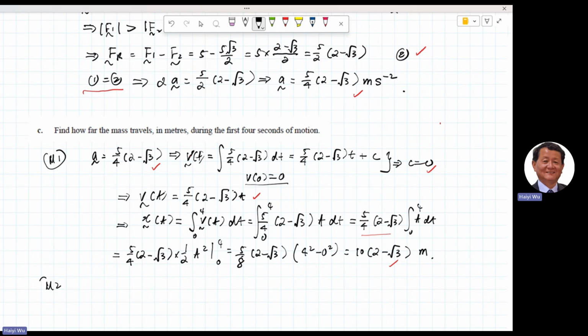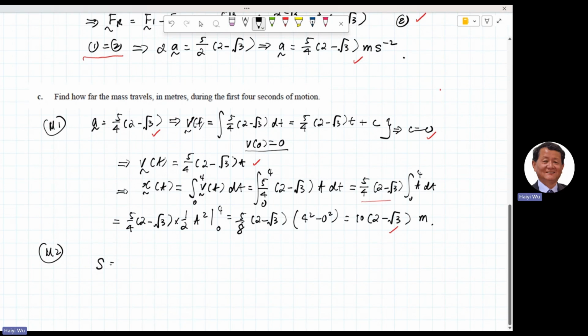The other way is using the physics equation: s equals ut plus half a t squared, where u is the initial velocity, which is obviously 0. You'll get the same result, so I'm going to leave everybody to solve it.